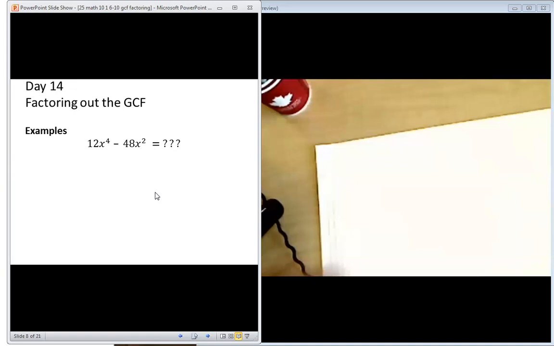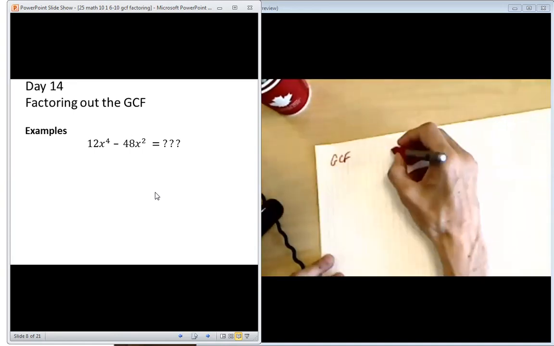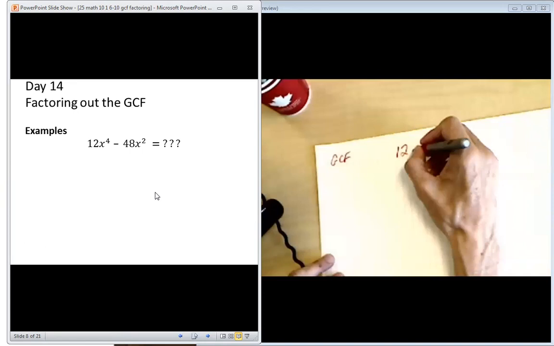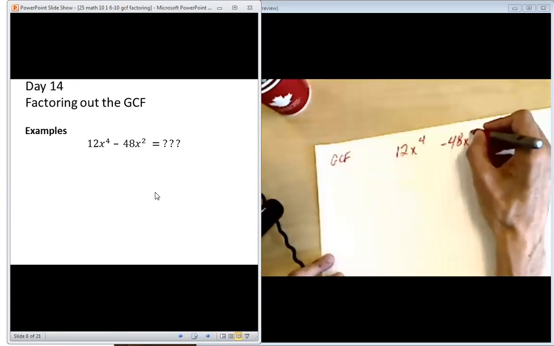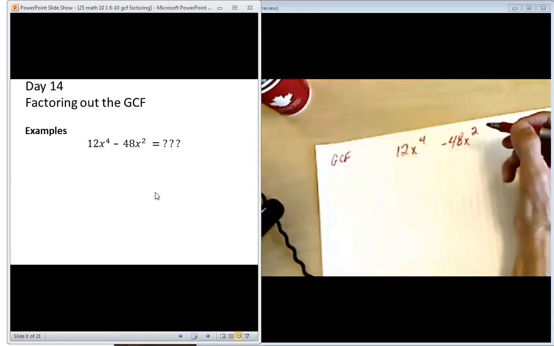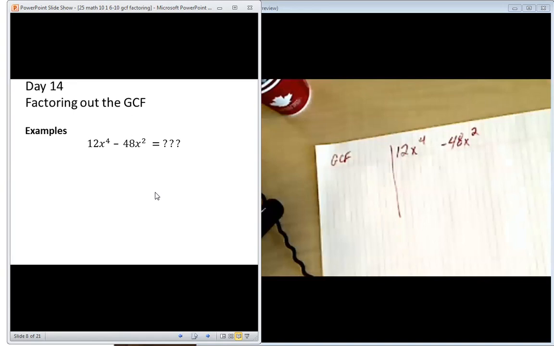Okay. So their setup is one expression, but that's okay. We got 12x to the 4. We got minus 48 x to the 2. All right. You guys work it out first.